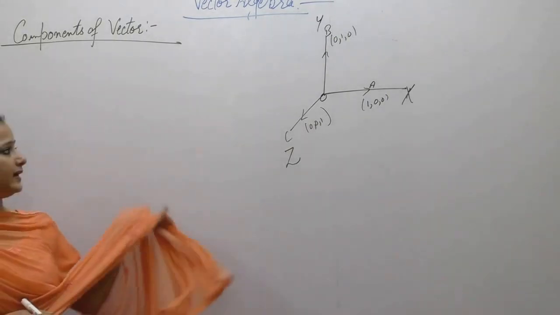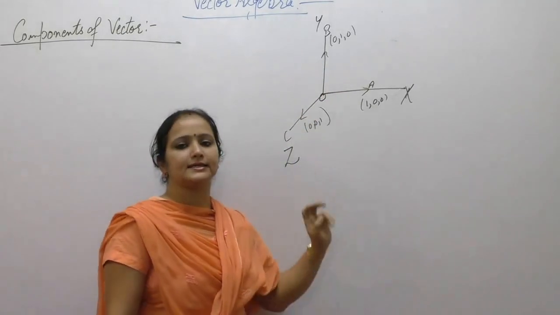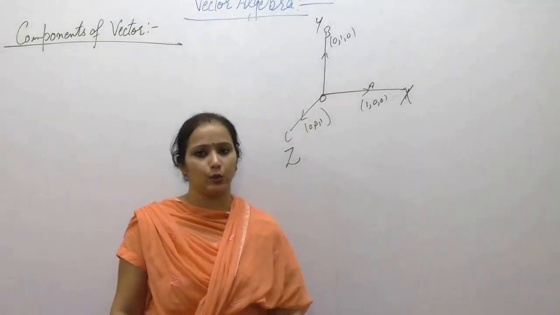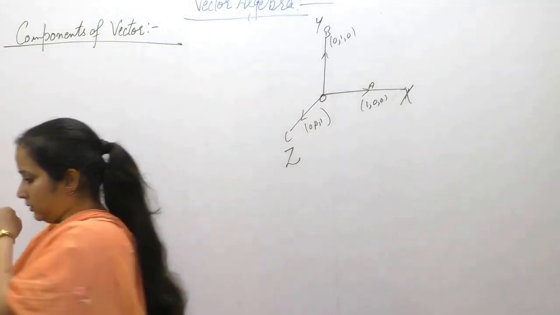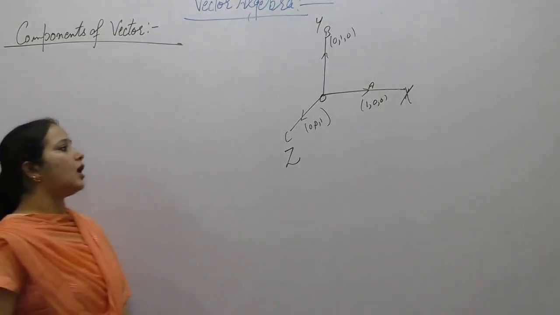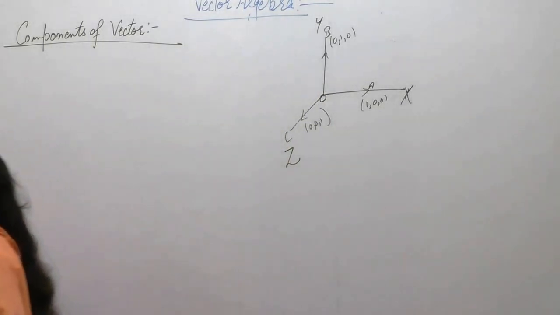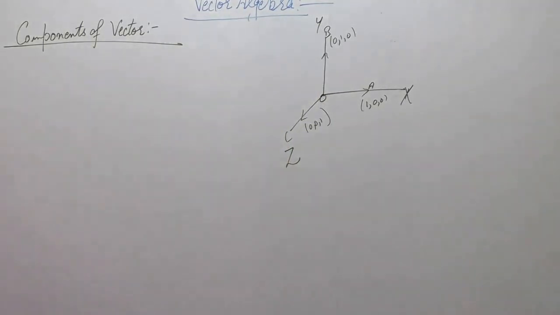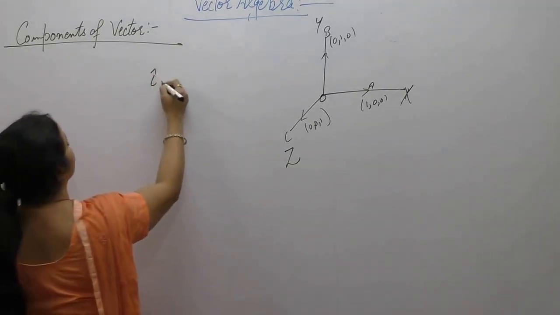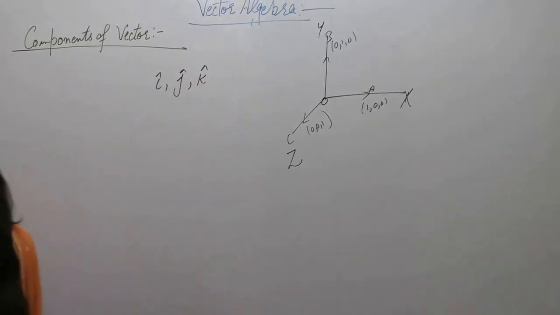I am again repeating. Vectors OA, OB, OC, each having magnitude 1 unit are called unit vectors along OX, OY and OZ, respectively denoted by i cap, j cap and k cap.